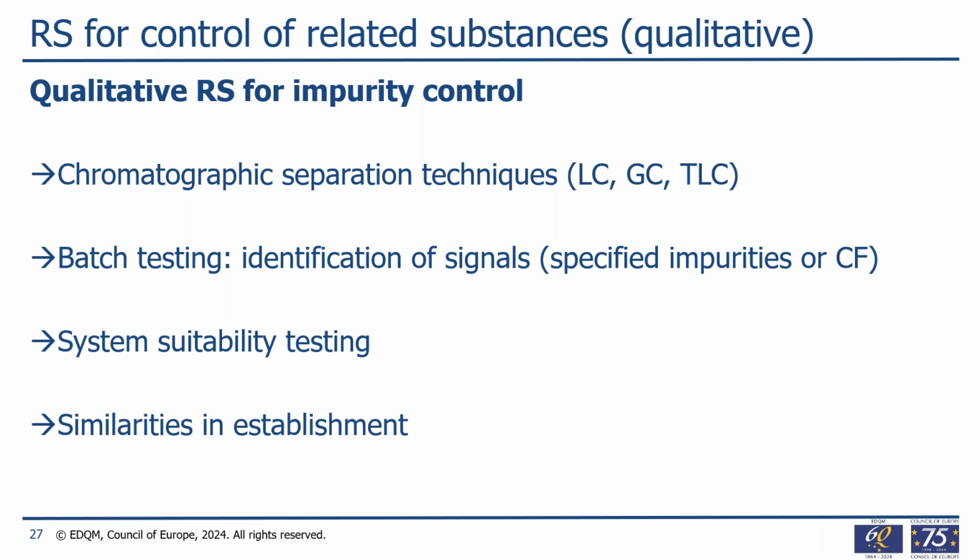On the one hand, we have batch testing, and then they are mostly used for identification of signals. Because imagine if impurity A, for instance, has a specified content limit, then of course we need to provide a way to identify impurity A in the chromatogram. Or for instance, this impurity could have a correction factor assigned to it. And again, we would need to be able to identify the impurity.